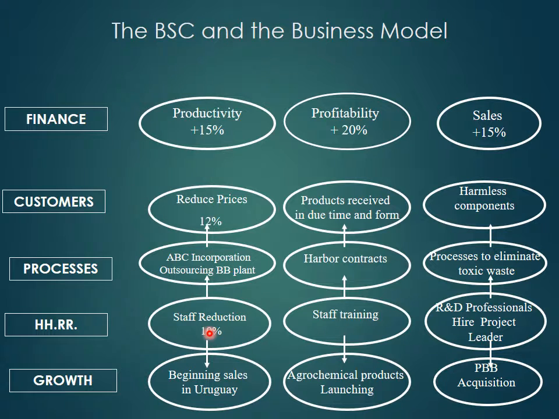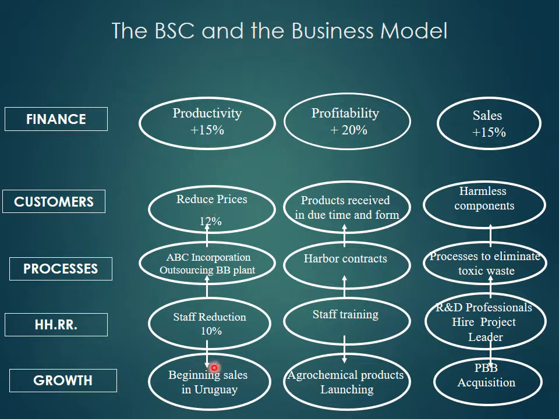The balanced scorecard and the business model, if you look at this, practically you see the same dimensions. The only thing is that there is a logical relationship between those aspects. For example, you have to develop this process because it helps to do something related to the customers, and human resources must be aligned with this process, and this is a new way to grow, if you want.